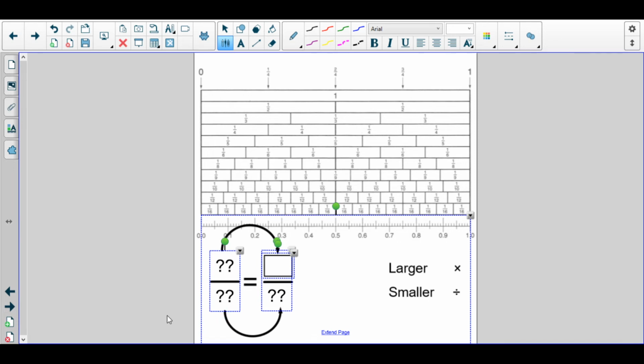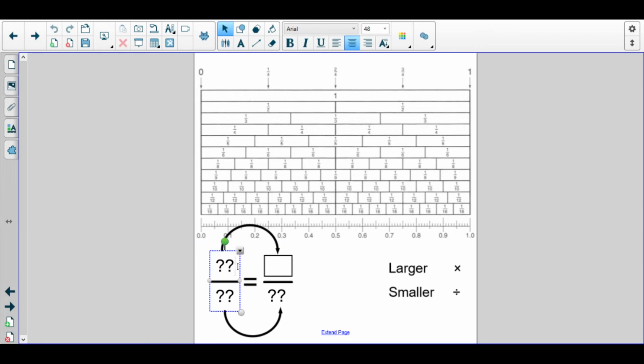Let's move on to one where we have to figure it out from the top. So let's look at the fraction 6/12, and that is going to be equal to something over 6.